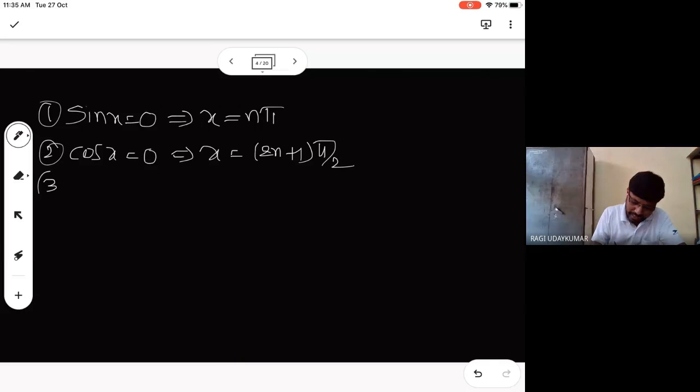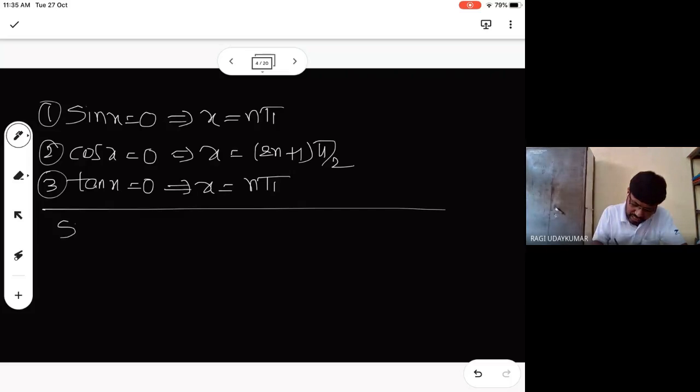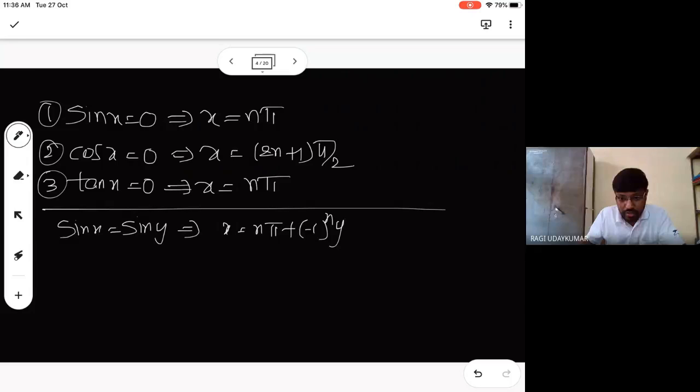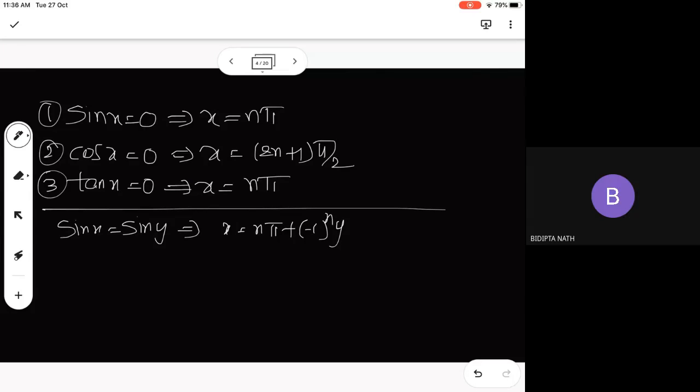Okay. So now tan x equal to 0 means x equal to n pi. n pi होगा. Very good. So these three, and sin x equal to sin y means x equal to क्या? x equal to n pi plus minus 1 to the power n into y.